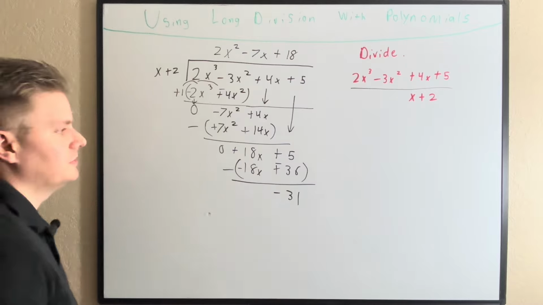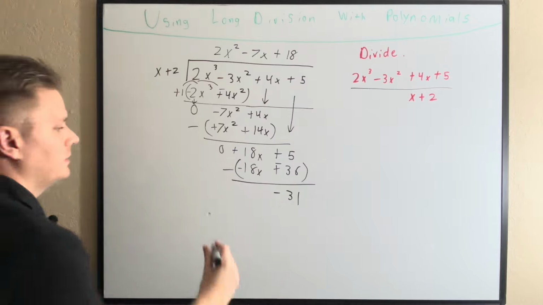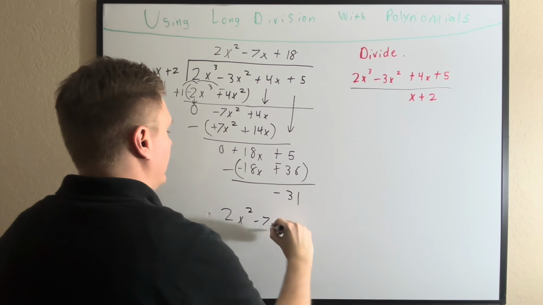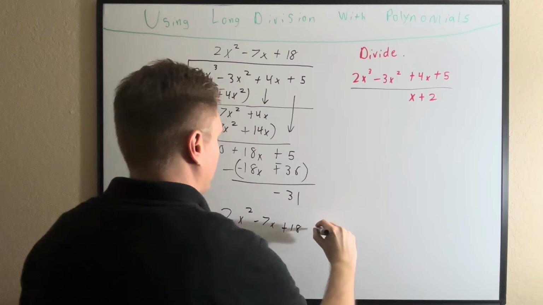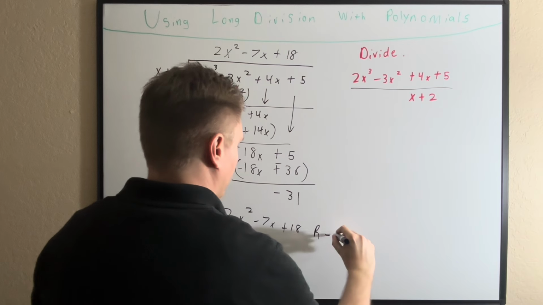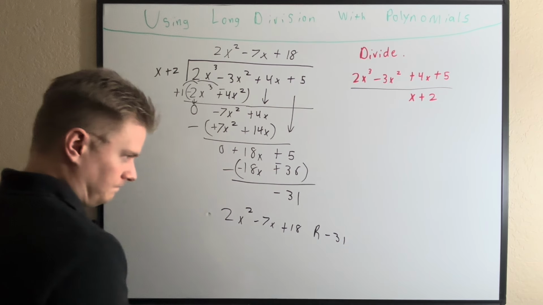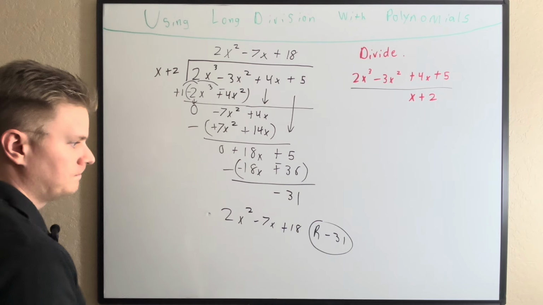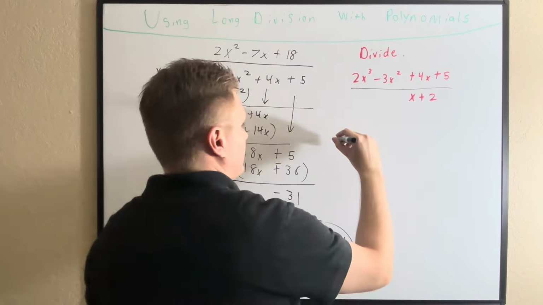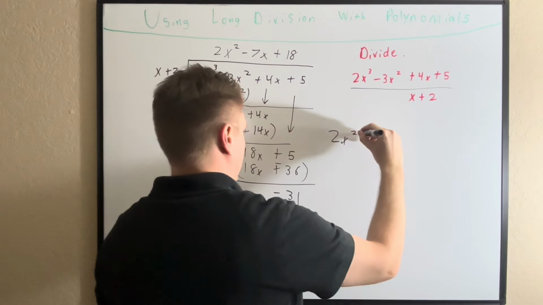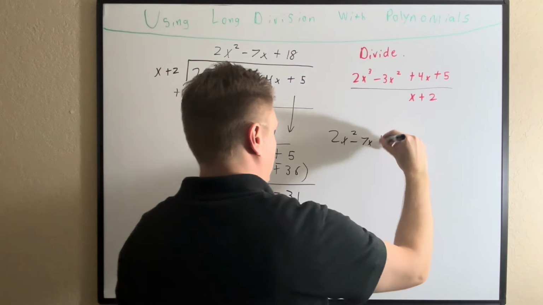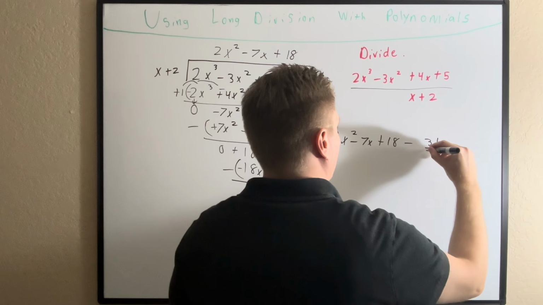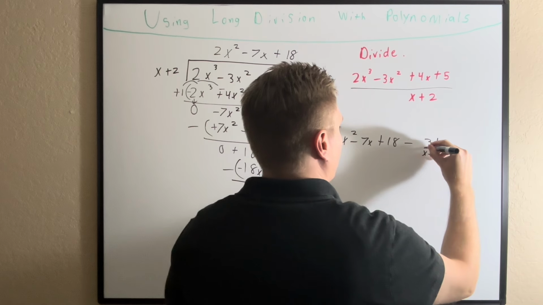Sometimes that happens in long division. You have a remainder. So our answer would be 2x squared minus 7x plus 18, remainder negative 31. Right? Another way of writing that, more official way of writing that, which I prefer, write it like a fraction.